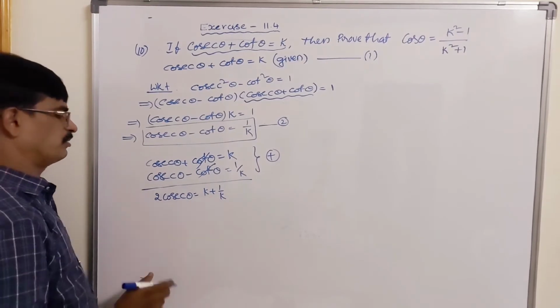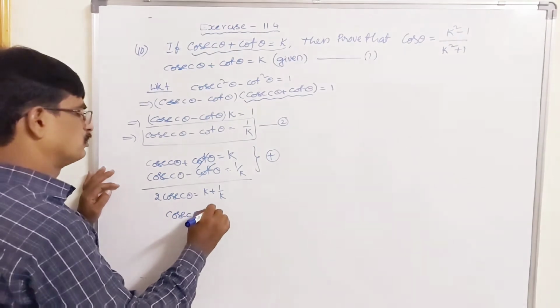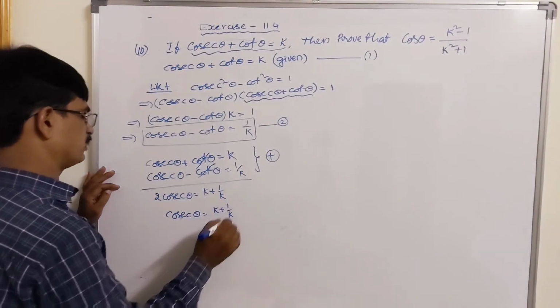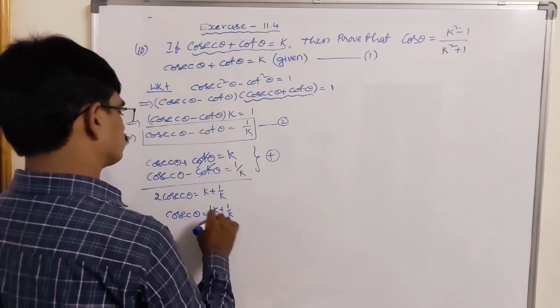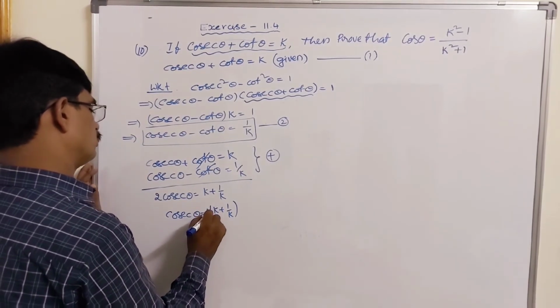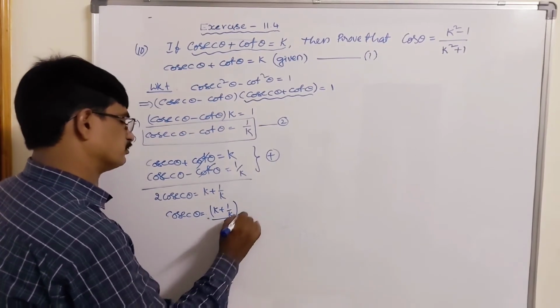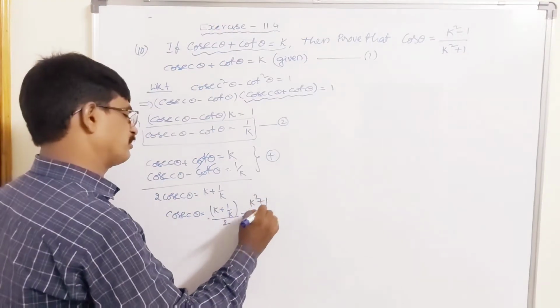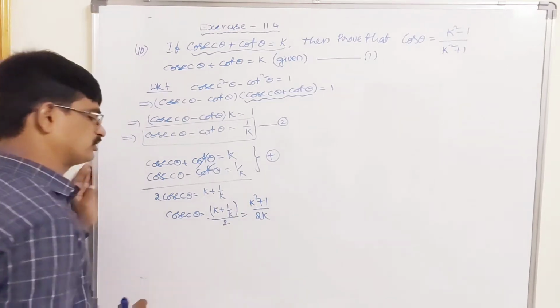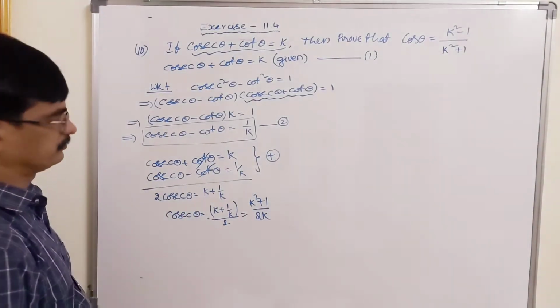That is, cosecant theta is equal to k plus 1 by k, whole divided by 2. That is k square plus 1 by 2k. Cosecant theta value is k square plus 1 by 2k.